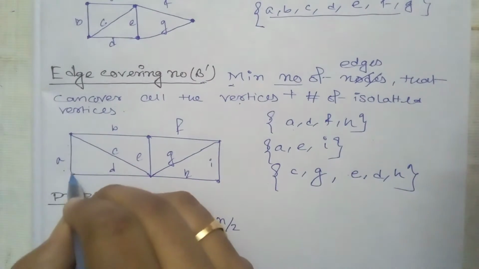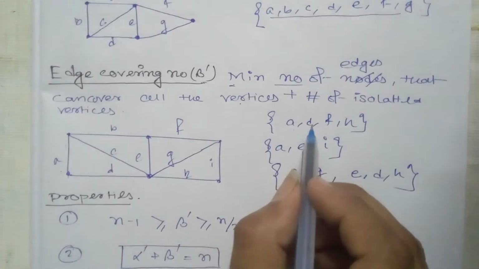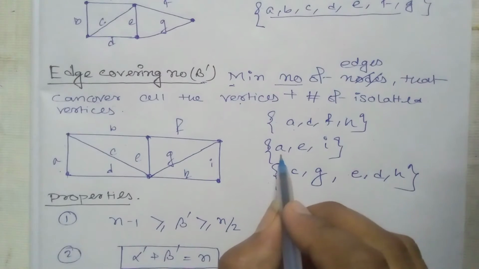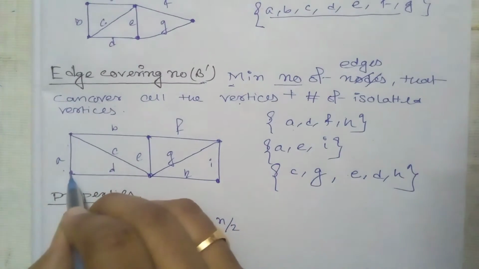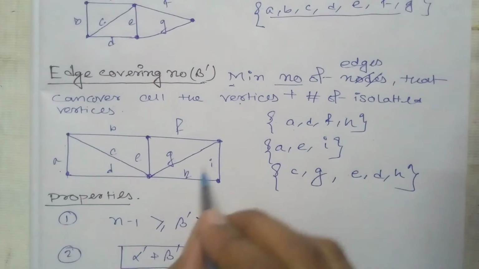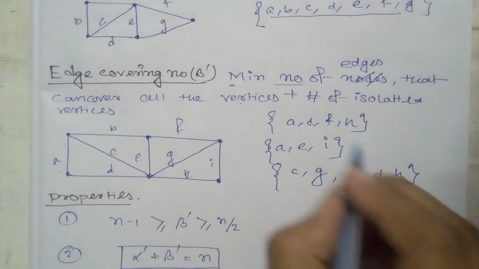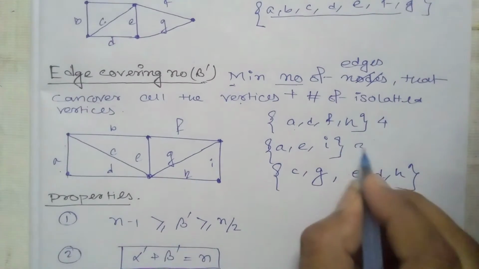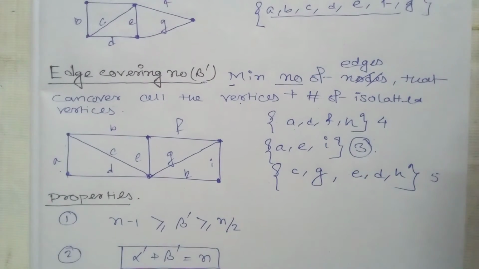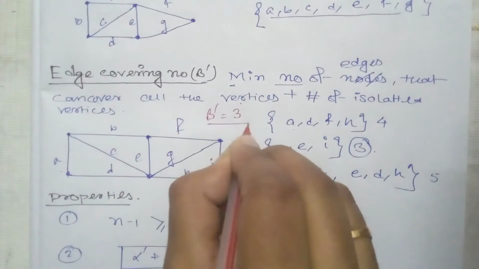Using A we can cover these two vertices, using D we can cover this vertex, using F we can cover these two vertices, and using H we can cover this vertex. Using A, E, I: using A we can cover these two vertices, using E these two vertices, and using I these two vertices. Similarly for this one. So what is the minimum? This one contains 4, this contains 3 edges, and this contains 5 edges. So what is the minimum? This is 3. So we can define that beta dash for this graph is 3.